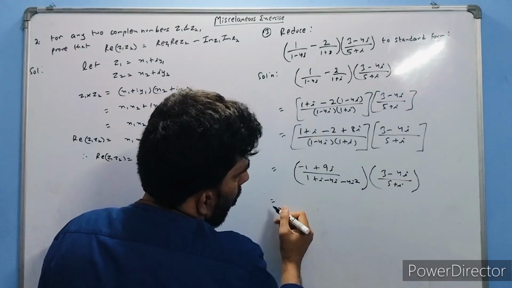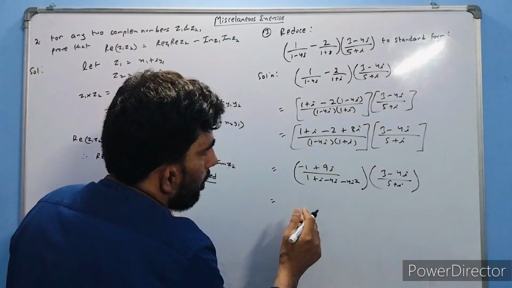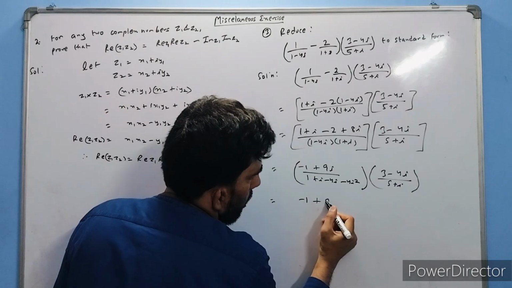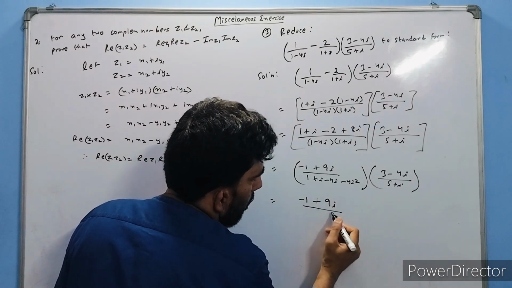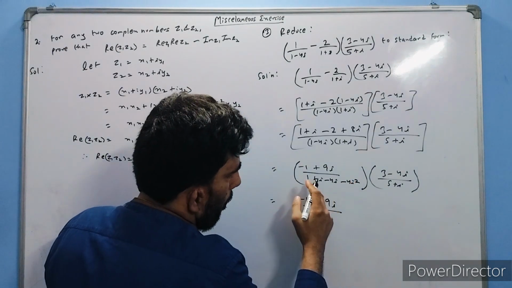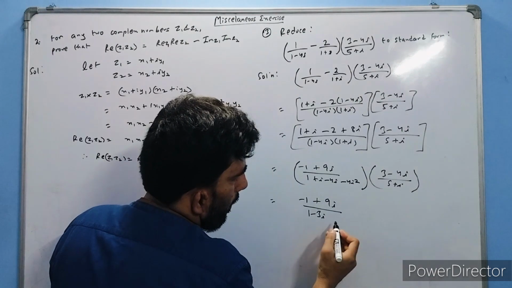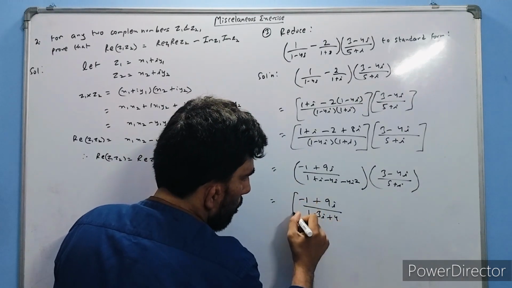Now what will be my next step? Let us see. They are saying minus 1 plus 9i upon, if I see this, it will be 1 minus 3i, and here i square is minus 1, so it will be 4.